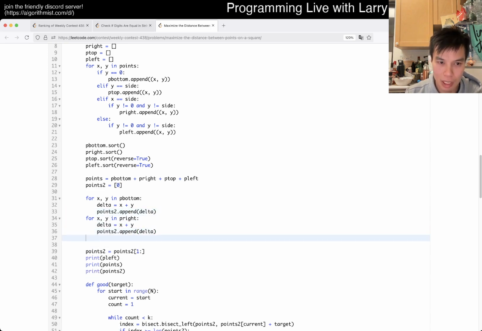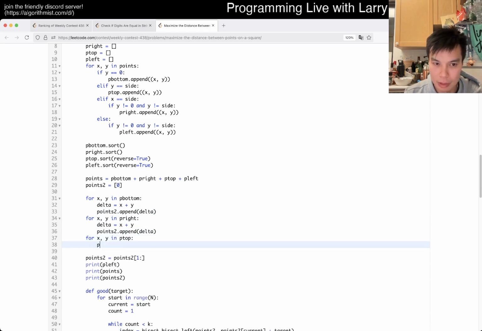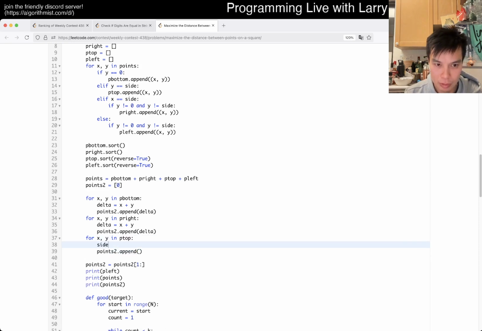Okay, and then now top, it is going to be side times 2 plus distance from the corner, so that's going to be side minus x.